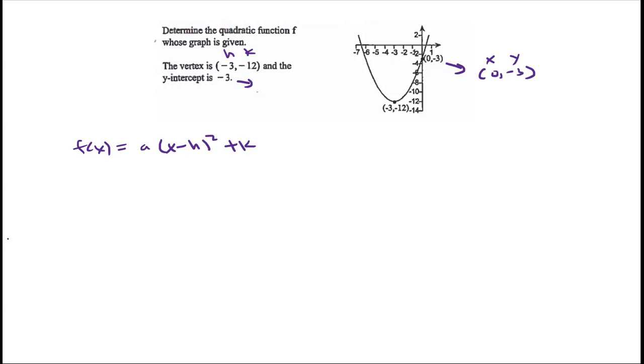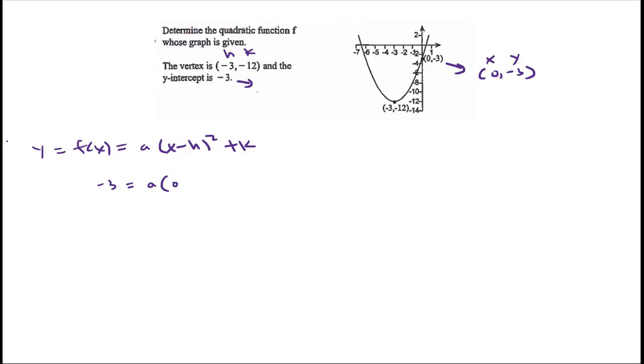Let's go ahead and plug in the numbers that we have. Remember, f of x is the same thing as y. So we have -3 for y. a, I don't know, that's what I'm looking for. x is 0. And then we have -3 for h.